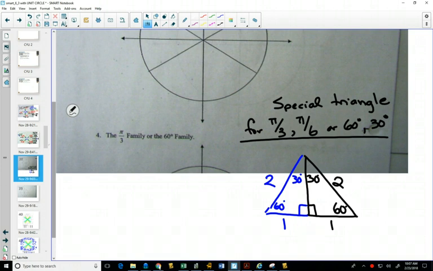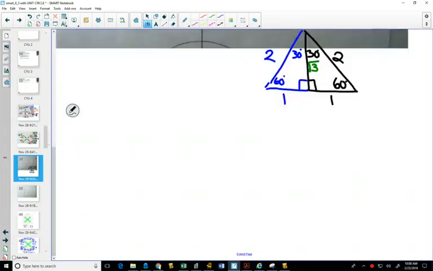If you did a squared plus b squared equals c squared, you could calculate the height here. 2 squared minus 1 is 3. This side will be the square root of 3. And now we can figure out sine, cos, and tan of 30 degrees.